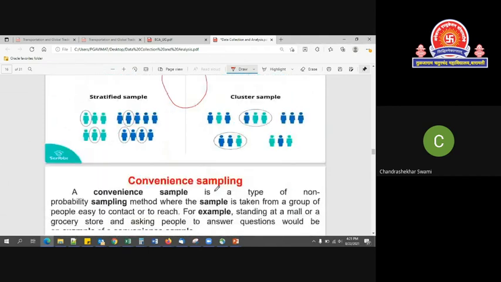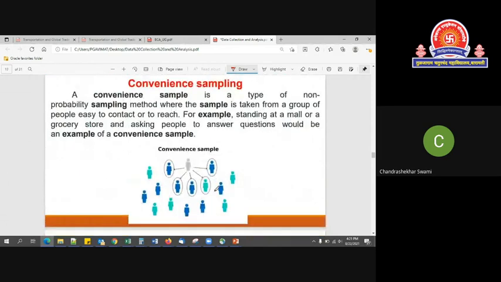Now consider non-probability sampling. In non-probability sampling, the first type is what? Convenience sampling. If you have visited some malls, then you might have experienced that some persons ask you, excuse me sir or madam, do you have some time, please fill up this questionnaire and give answers to my questions.